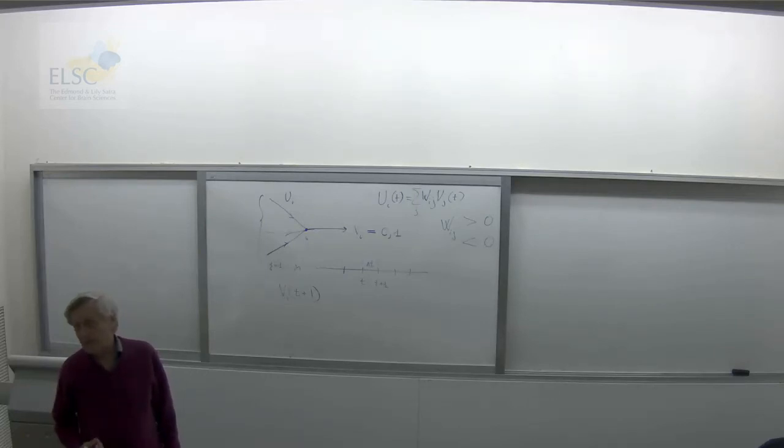And a signal arriving at an excitatory connection helps the neuron to fire, to be active.